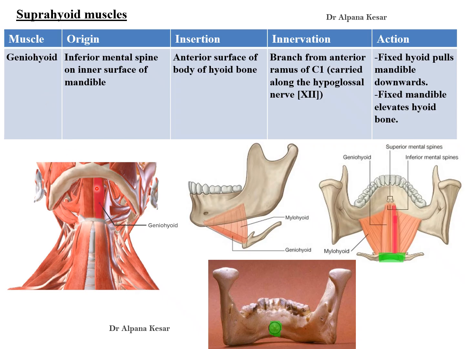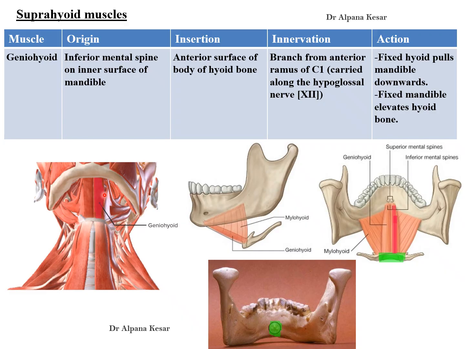Geniohyoid is a ribbon-shaped muscle. Its origin is from the inferior genial tubercles present on the inner surface of the body of the mandible. Insertion is into the body of the hyoid bone. The action of the muscle is when the hyoid bone is fixed, it helps to pull the mandible down.